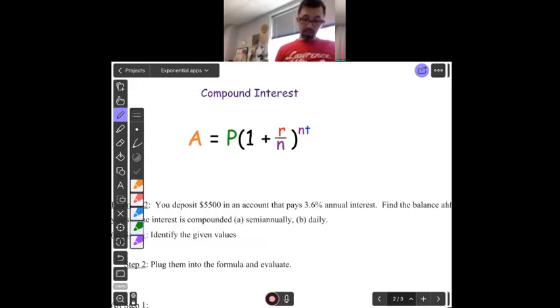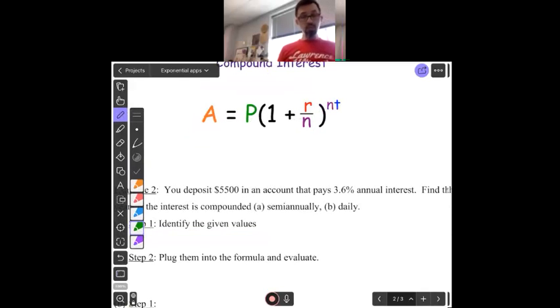That A stands for the final amount, or the amount at a given time. Usually we think of it as the final amount. It's the amount of money. It's not a population. It's always about money. P doesn't stand for population anymore. It stands for principal.